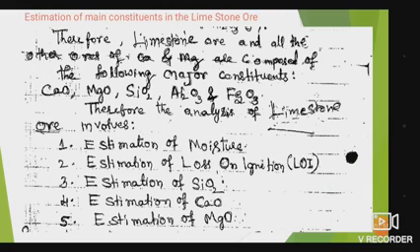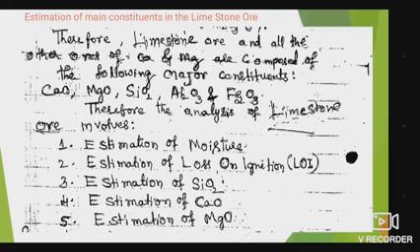Therefore, the limestone ore and all the other ores of calcium and magnesium are composed of the following major constituents: calcium oxide, magnesium oxide, silica, aluminum oxide and iron oxide, that is CaO, MgO, SiO2, Al2O3 and Fe2O3.